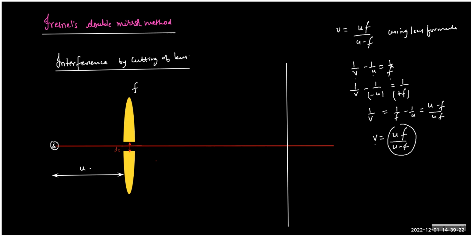Anyway, so we have V. Because I'm assuming this to be real, V will be somewhere here. So for this S, this is a V. How do we do it? We take a light ray leaving this edge.